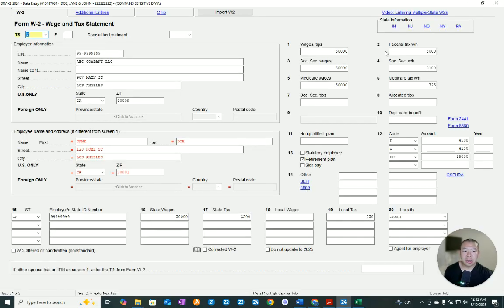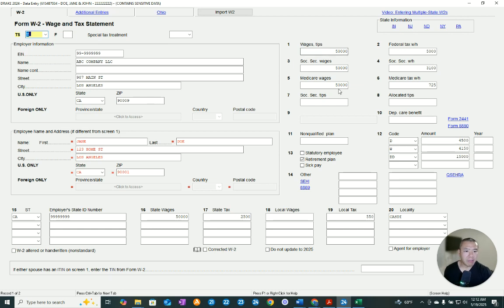As you can see, these boxes should mirror the W-2: 50 grand here, $5,000 tax withheld, $50,000 of Medicare wages. All these numbers are automatically populated. These numbers are codes from the W-2. Some of them will impact your taxes, some won't. D should be for 401k.